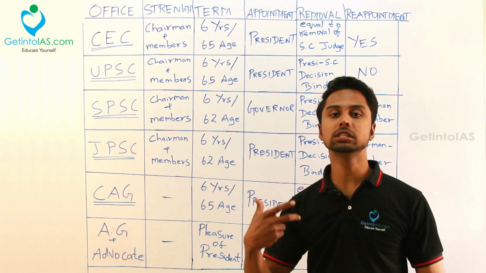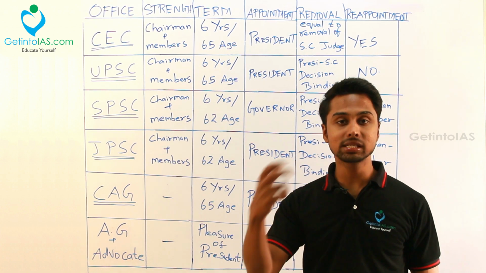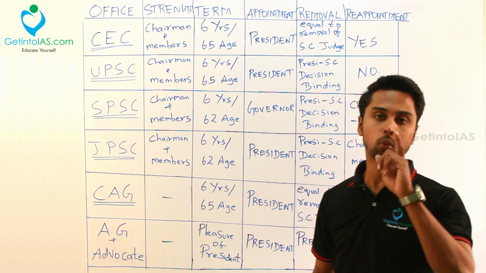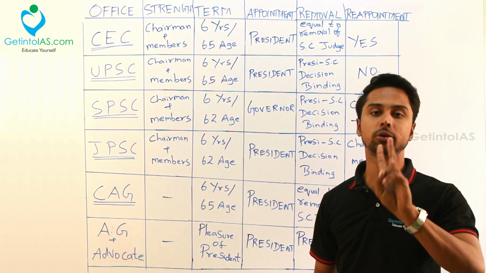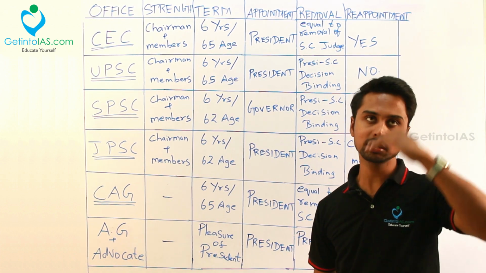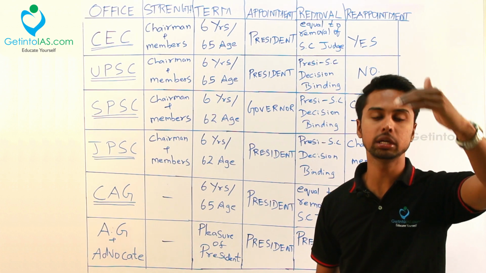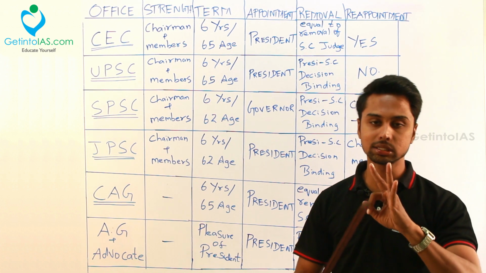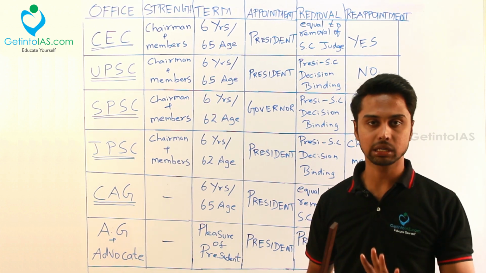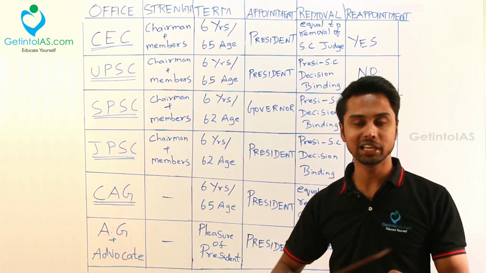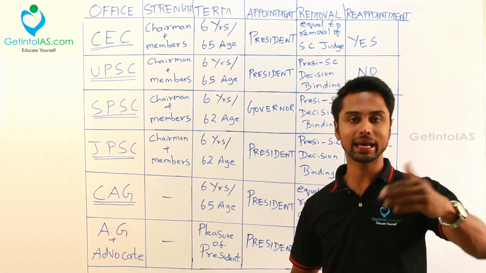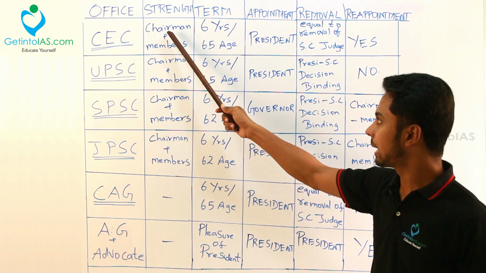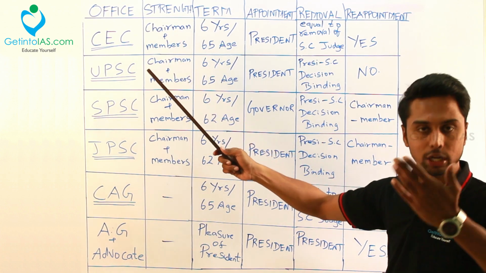He has fixed it as one Chief Election Commissioner and two other election commissioners, so three in total. One is chief and the other two are just election commissioners. The salary, pension and powers are the same, only the name differs. So it consists of a chairman and members.